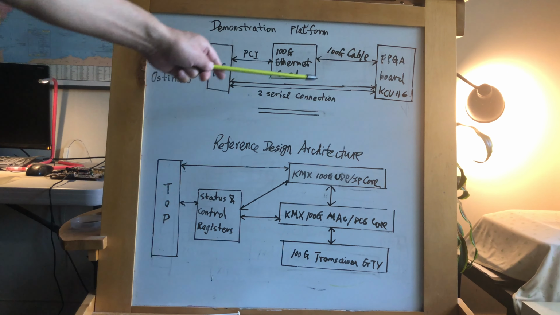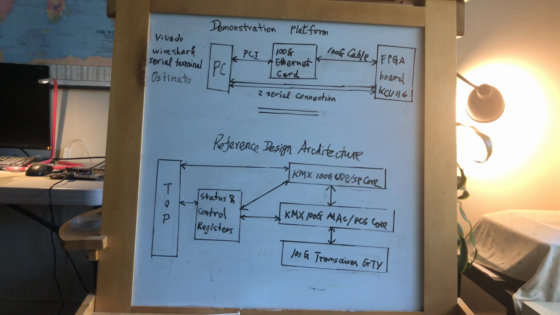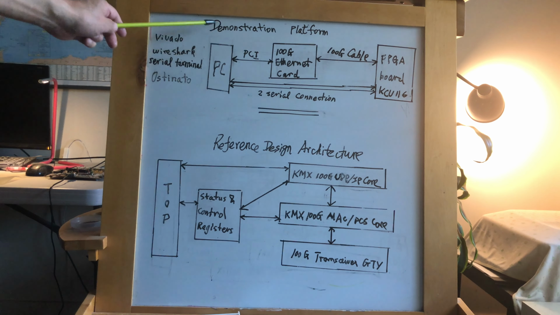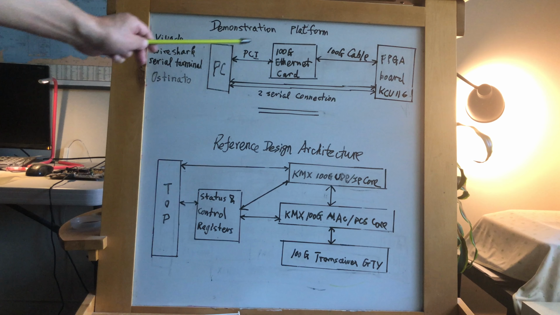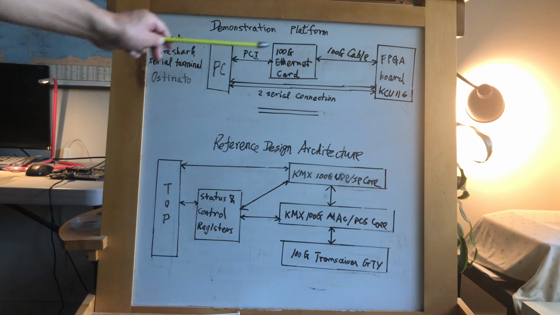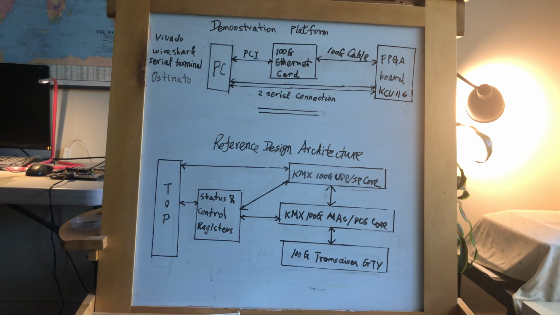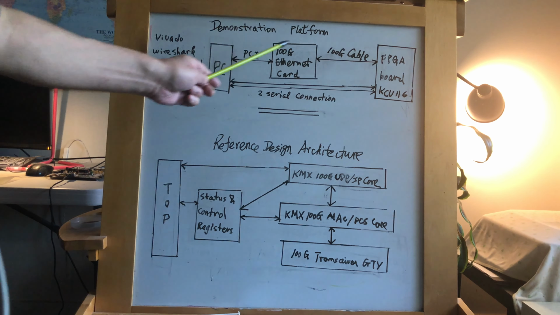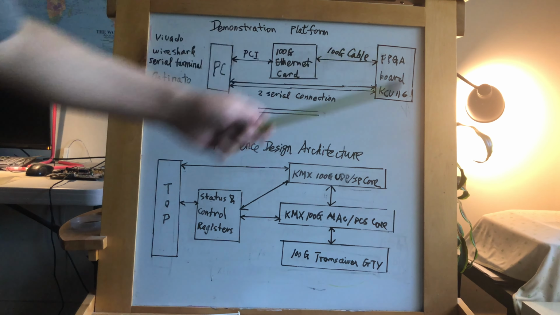For the 100G Ethernet card, we are using a Mellanox Ethernet adapter card, which is installed on the PCI bus inside the PC. The PC together with the 100G Ethernet card acts as a network in this demonstration. So the Ethernet entity is connected to the network through a 100G cable.